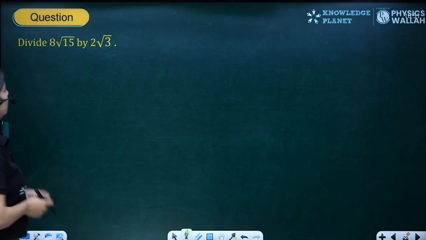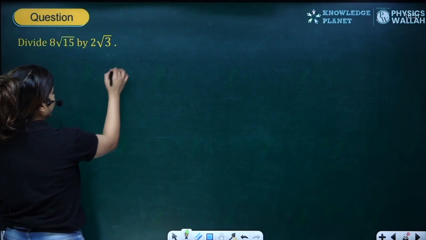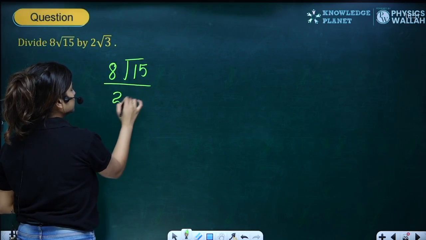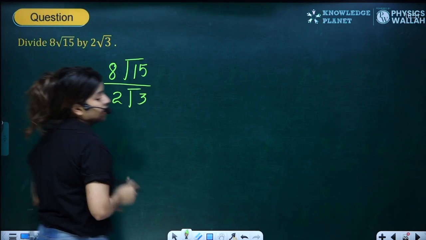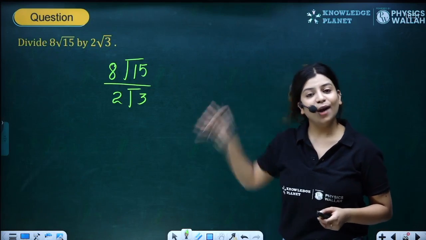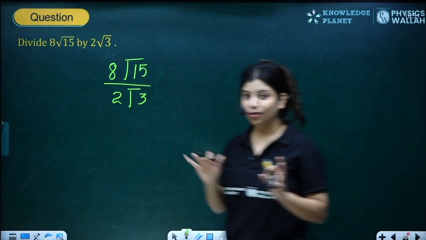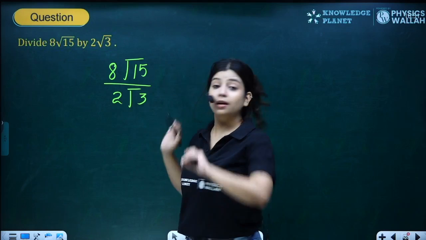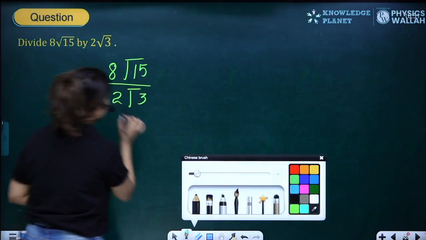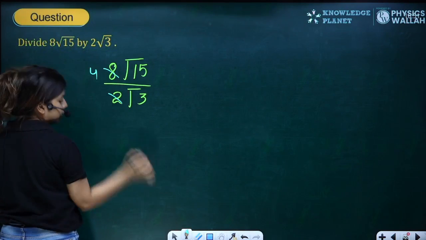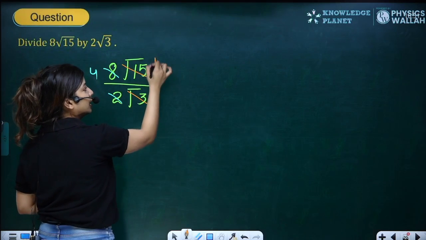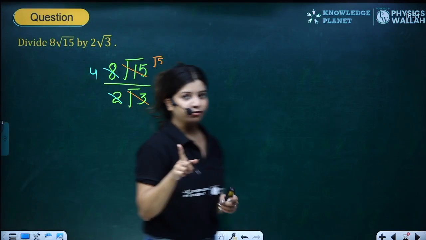The next thing, we have to divide. Now how can we divide? This is 8 root 15, right? This is 2 root 3. We can divide the numbers by numbers, right? Like 2 by 8 and root 3 by root 15 separately. You cannot just cancel 2 by root 15, no. Just make sure you cancel 2 by 8, that will give you 4, and separately you cancel root 3 by root 15, that will give you root 5.